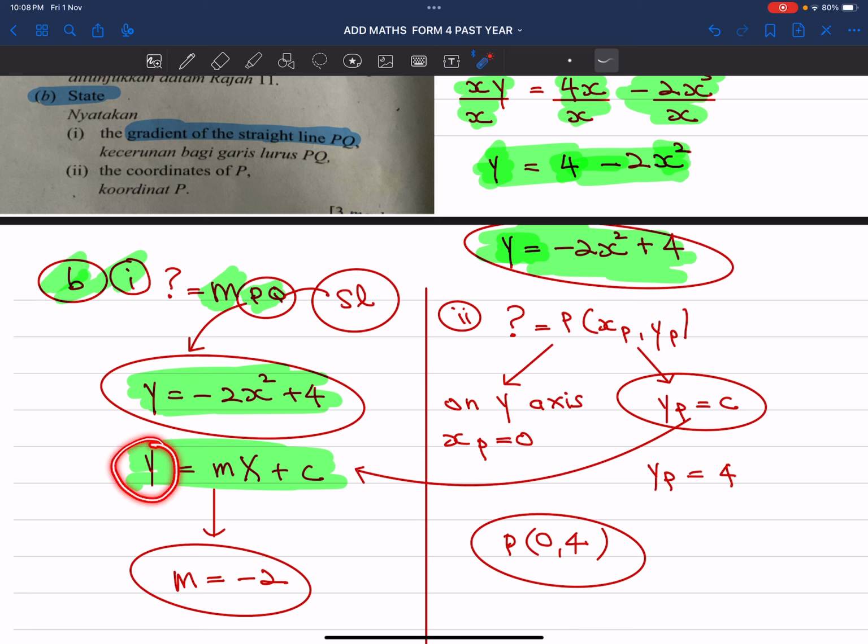Capital Y is the small y, the capital X is x squared. So the gradient m is negative 2. We got our answer, gradient negative 2.